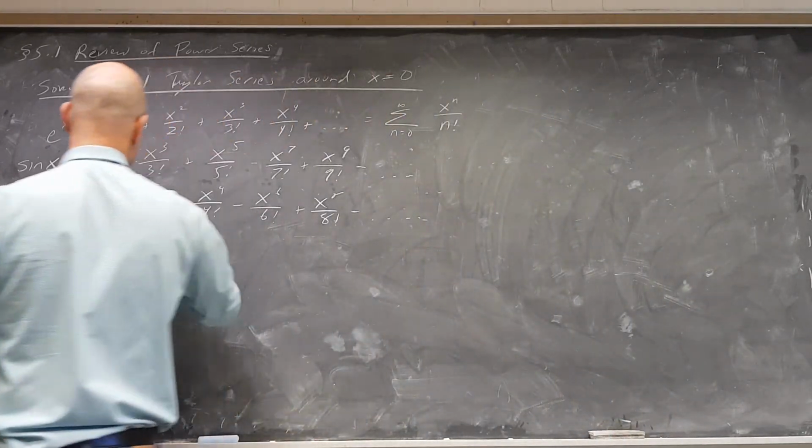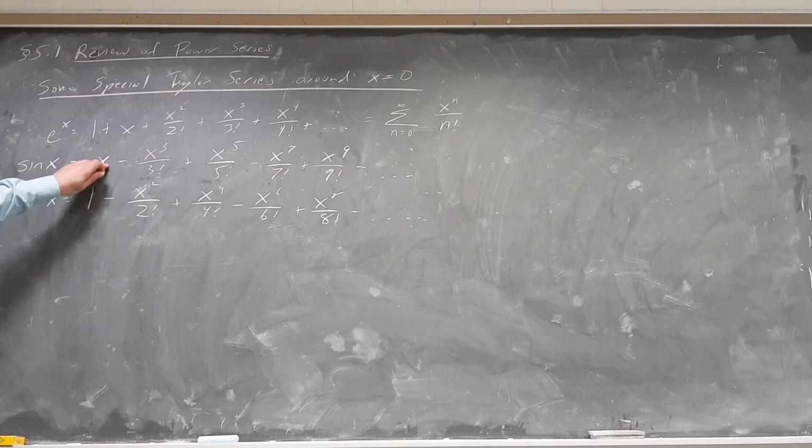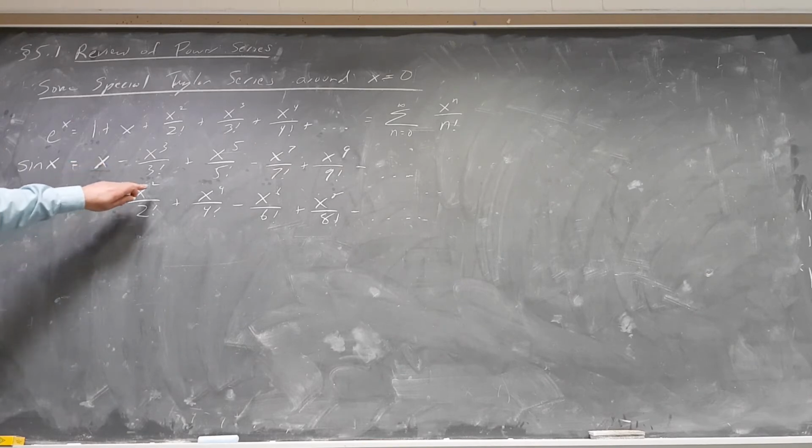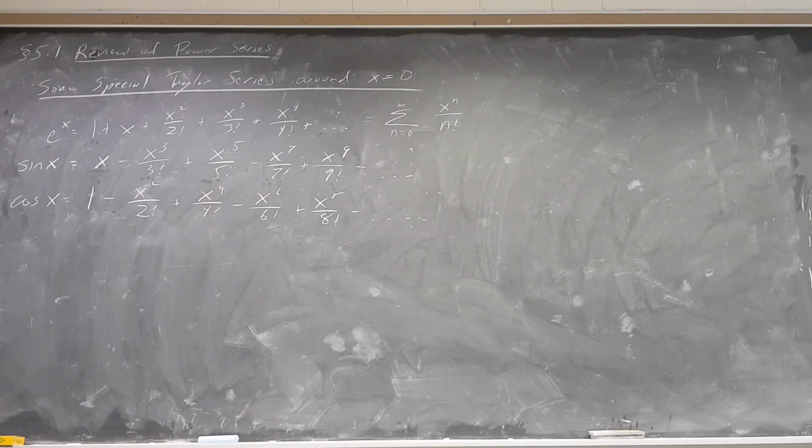There's an obvious resemblance between the sine and the cosine. Here we have the odd terms. Here we have the even terms. You can see what I mean by even. The powers are even. The factorials are even.